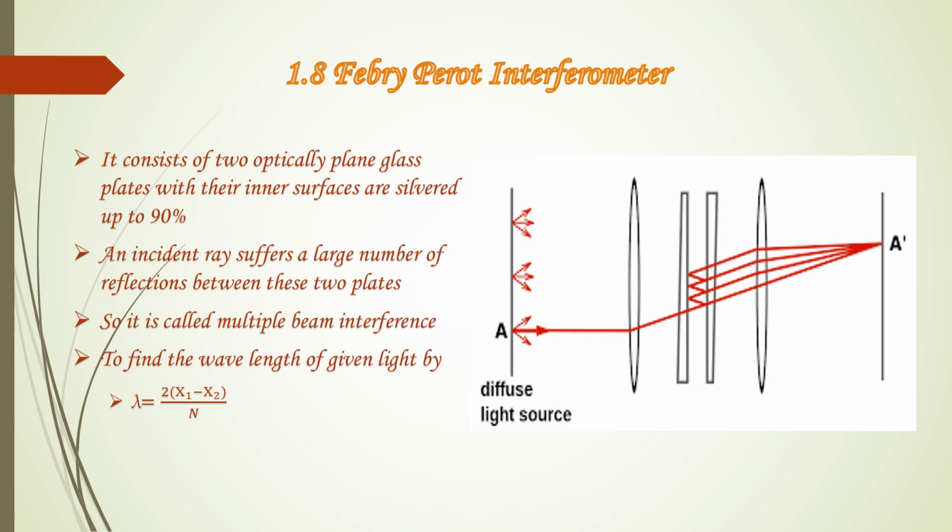So, an incident ray suffers a large number of reflections between these two plates. So, it is called multiple beam interference. Using this method, we can find the wavelength of the given light by using the formula lambda equals 2 into x1 minus x2 divided by n.